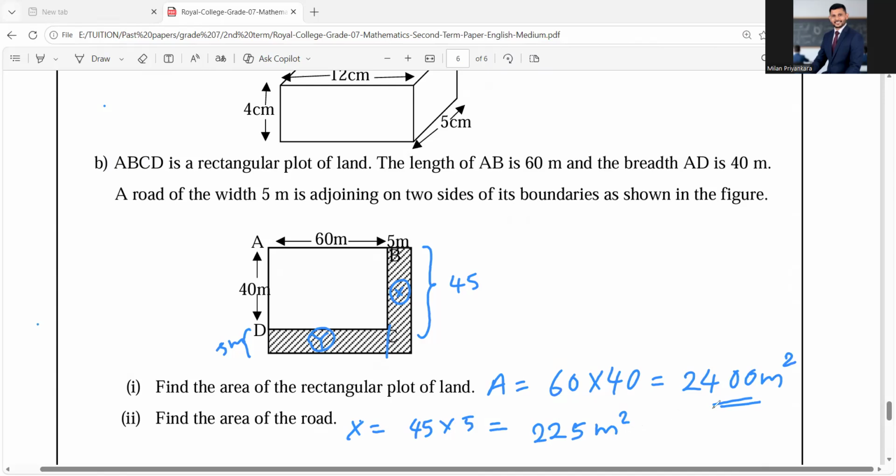And the area of y is equal to, this is 5 and this is 60, then 5 times 60, which is equal to 300 square meters.